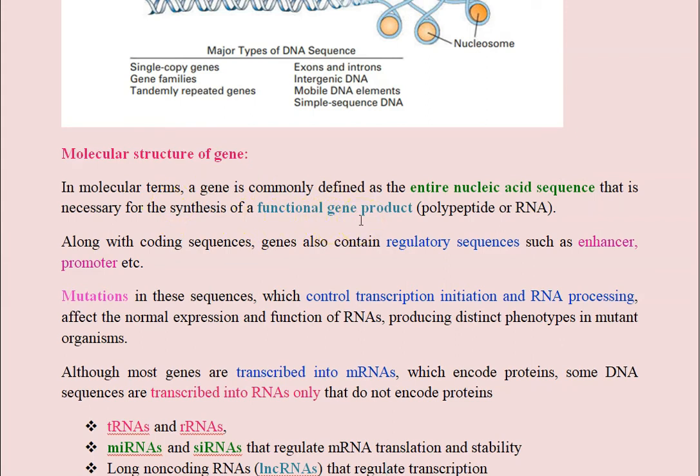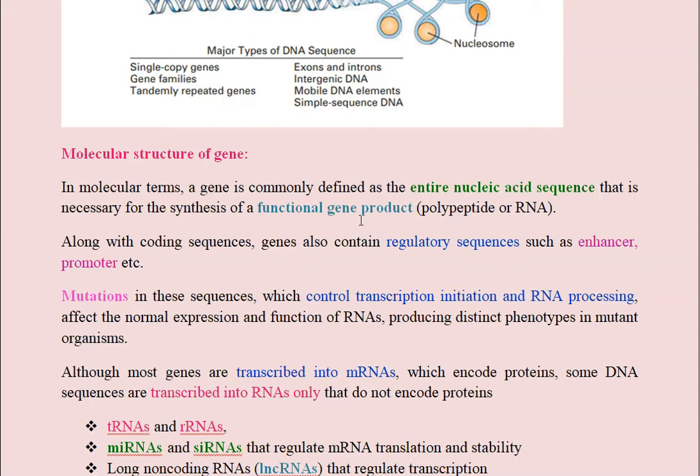Earlier, most people said that a gene is nothing but a nucleotide sequence required for the synthesis of a protein or a polypeptide chain, but now they simply say functional gene product, because genes do not only produce proteins through mRNA, they can produce different types of RNA molecules, like tRNA and rRNA which participate in translation, and some small RNA molecules which regulate transcription, because that is very important.